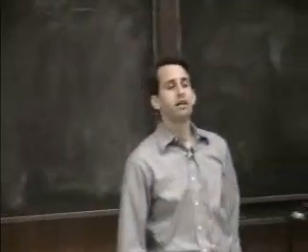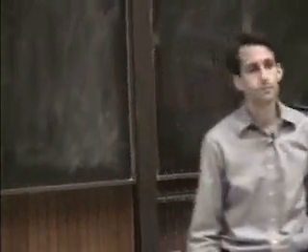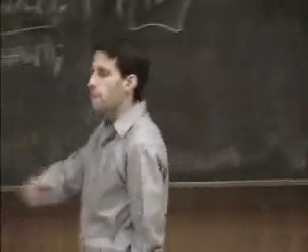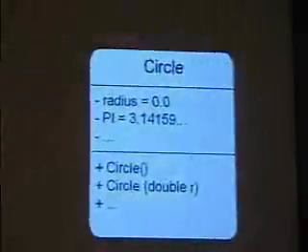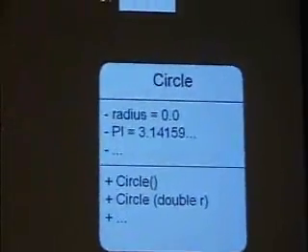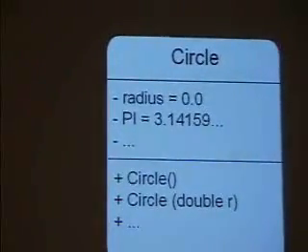So the first thing it does, it creates the c1 reference. It then creates the circle object somewhere in memory. And that circle object looks like this. As we're going to see, circle objects have a radius, pi. These are properties of a circle. Sure, you could have color, line thickness, position, and a whole bunch of methods as well.